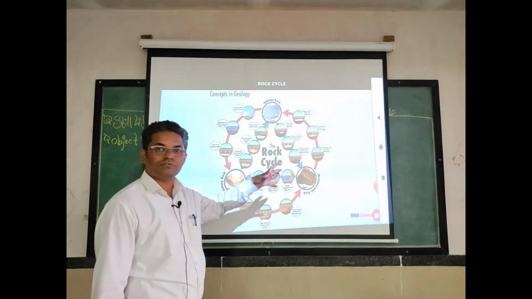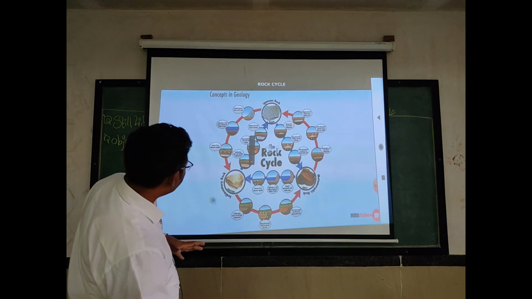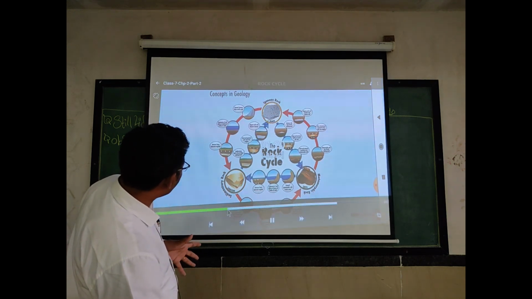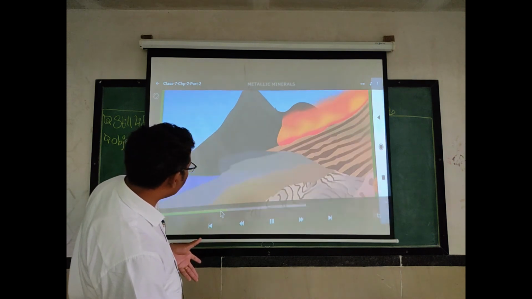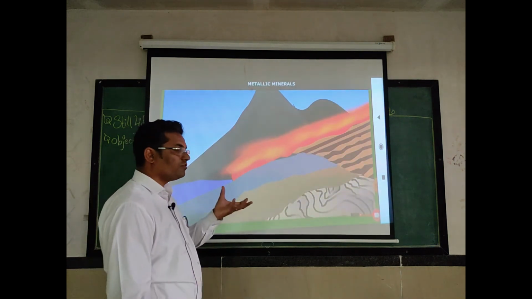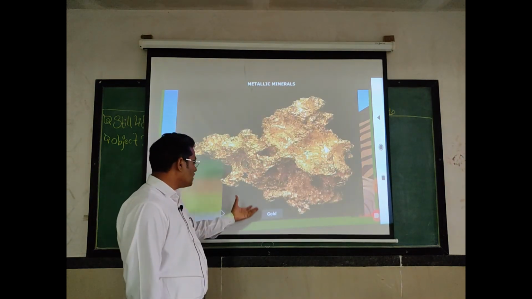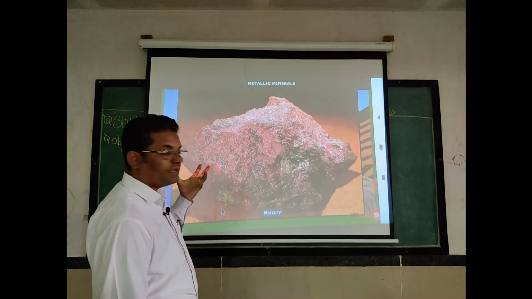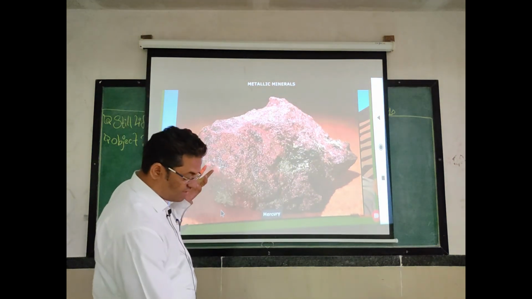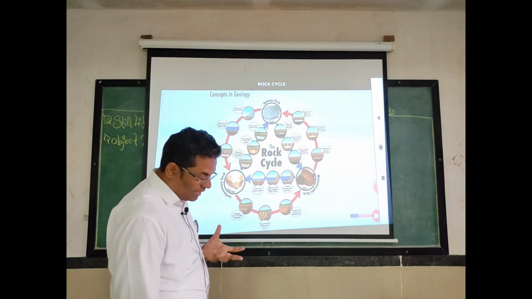These igneous rocks bring different minerals with them, like silicon rocks, then copper rocks, gold. Some rocks have gold also, some rocks have silver also, some rock has zinc, copper, iron, and platinum. So they are called igneous rocks. They are actually made up of the lava, so they are called igneous rocks.